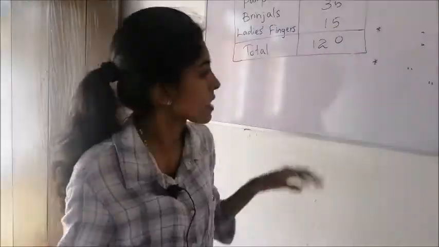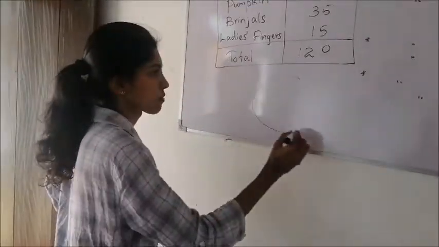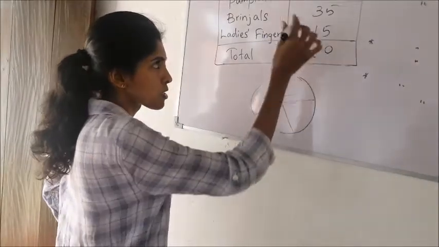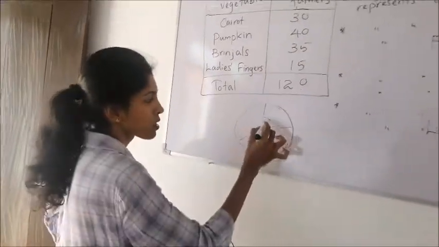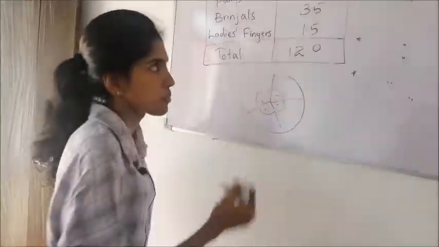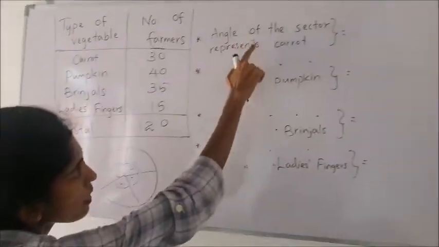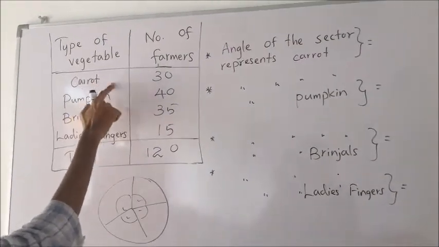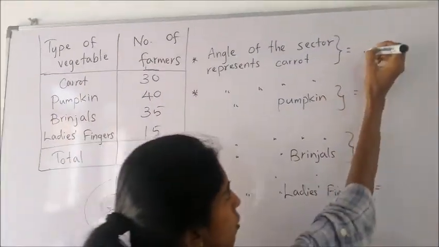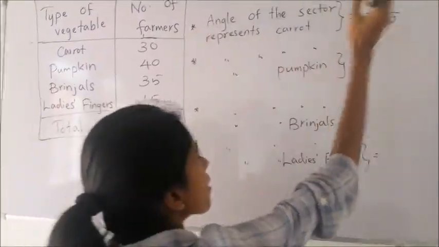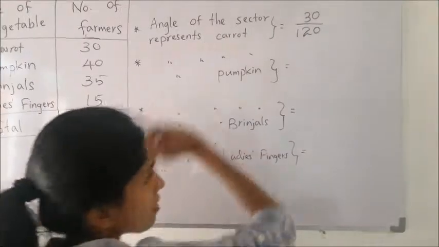That means as the sectors in the pie chart, we draw some sectors now to represent these four data. So we need to find these angles according to the values, right? How do we find the angle of the sector that represents carrot, the farmers who grow carrots? We know out of 120 farmers there are 30 farmers who grow carrots.